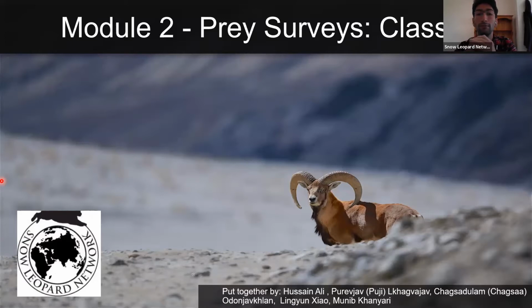We were specifically looking at ungulates in the snow leopard landscape, specifically the Caprine group. And we talked a little bit about how different methods can be used, such as distance sampling, total count, and particularly focused on the double observer method, more in terms of its field-related assumptions and things you need to uphold. So that's a very quick summary of the two classes, really.